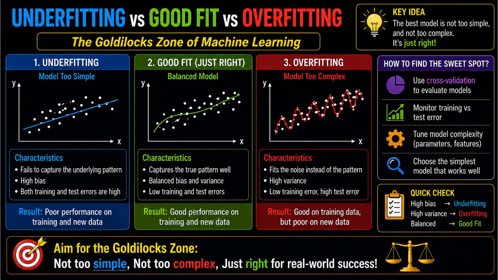Use cross validation to evaluate models, monitor training versus testing error, tune model complexity by changing parameters or features, choose the simplest model that works well, and then aim for the Goldilocks zone. Not too simple, not too complex, just right for real world success.